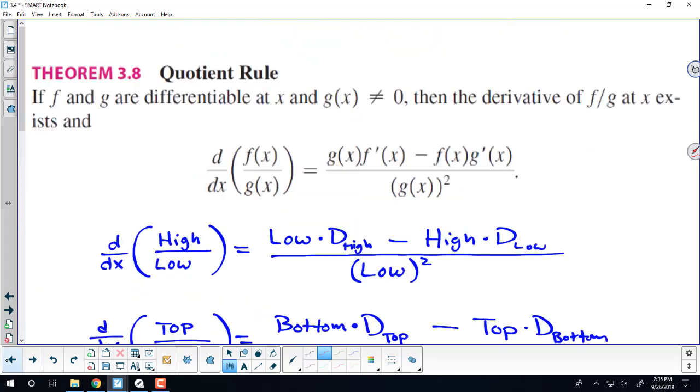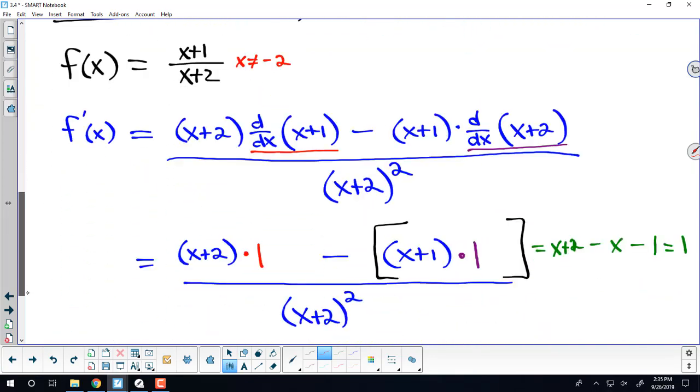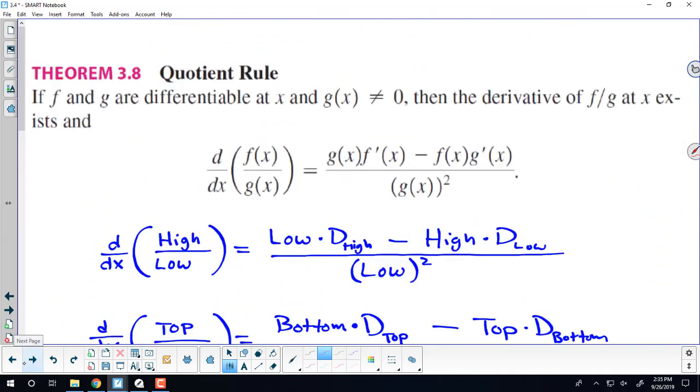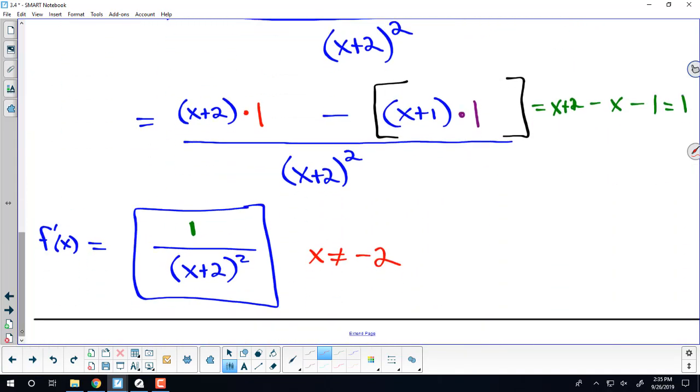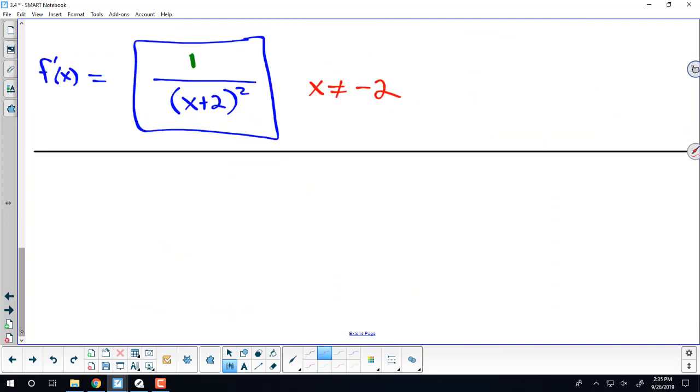So let me back up. Now if we look at, like, take the derivative of 1 over x squared. Well, I guess there's two ways we can take the derivative.